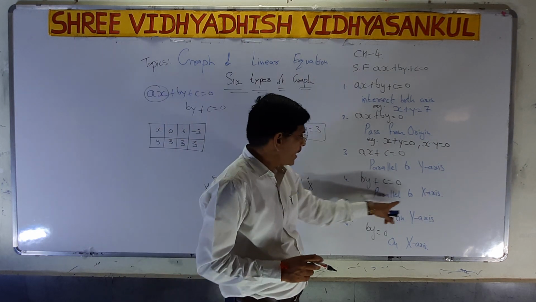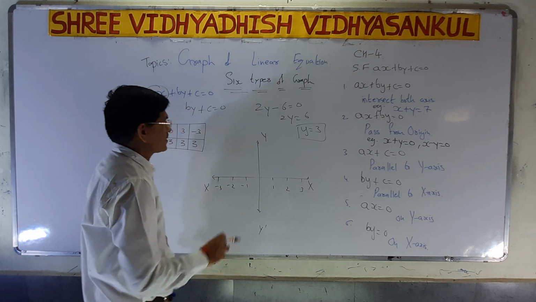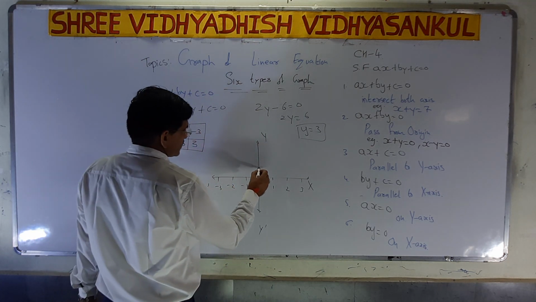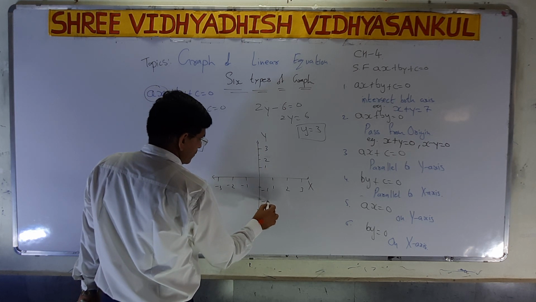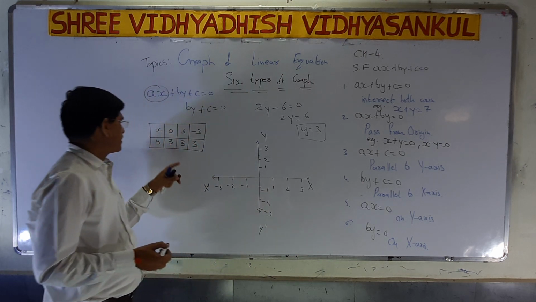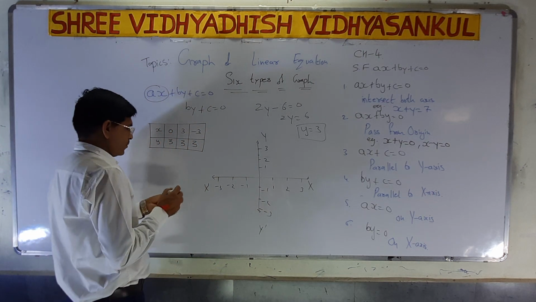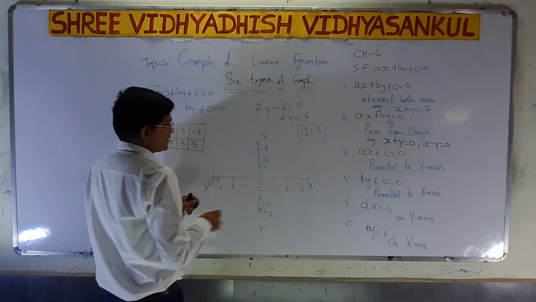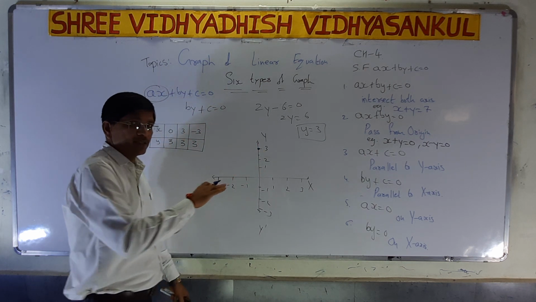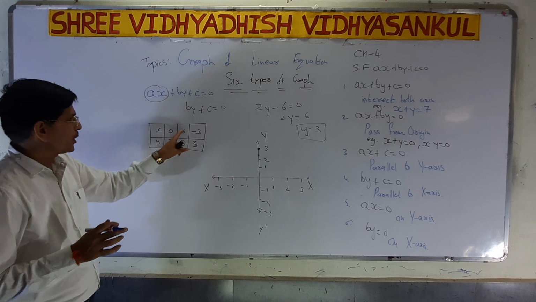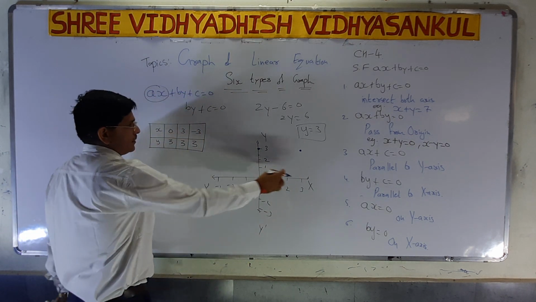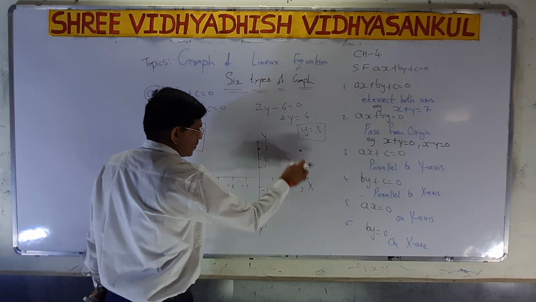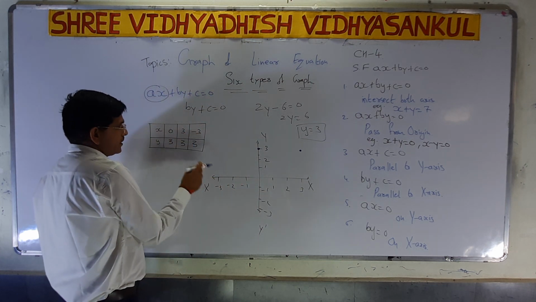The by plus c graph must be parallel to the x axis. 1, 2, minus 1, minus 2, minus 3. Now x equal to 0, y is equal to 3. So I have to put the value on the y axis, because on the y axis x is always 0. So 3, 3. If you join these dots, then minus 3 comma 3.